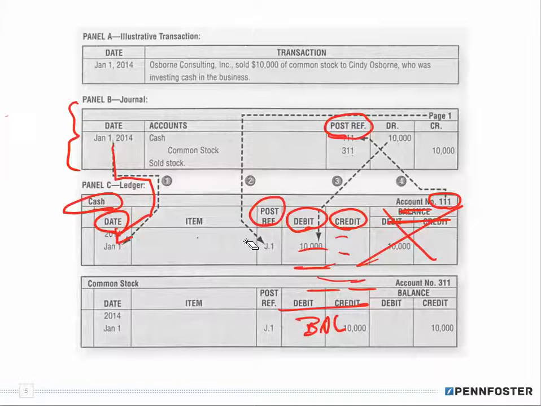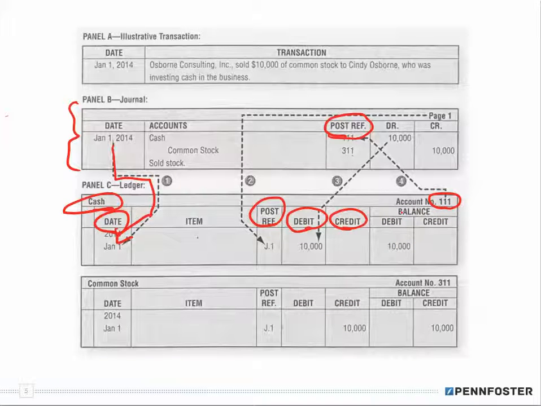A lot of other forms, like in this case, have a balance column that also has a debit and credit. What you're doing here is keeping a running balance in this balance column. So what does this mean?